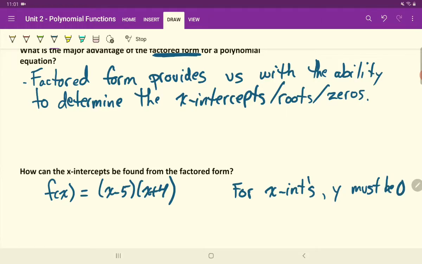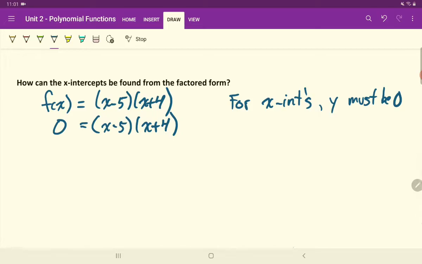Okay, so if we were to substitute 0 in for y, or f of x, same thing, and we were to substitute that into our equation, what does this equation say to you? All right, understanding what this equation says to you is important. It says that 0 equals x minus 5 times x plus 4.